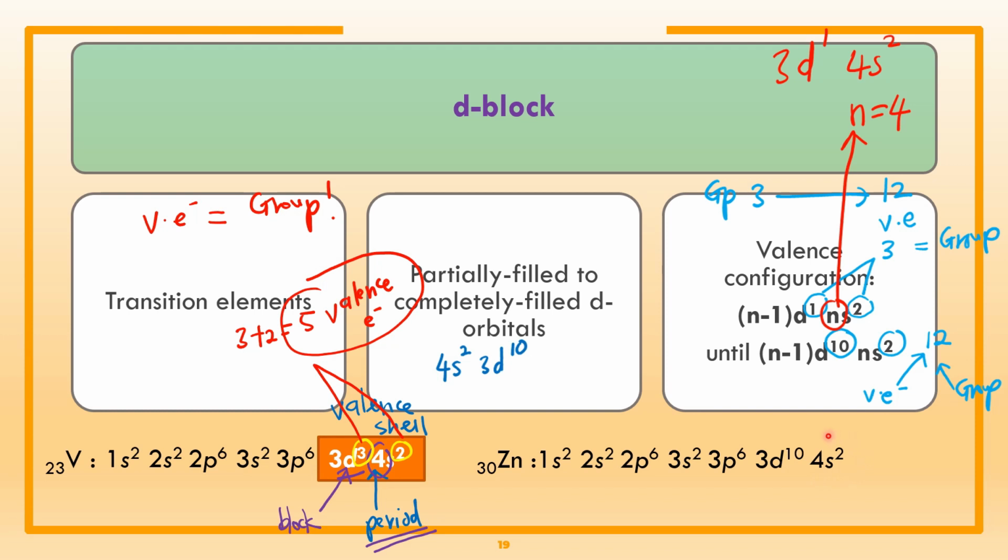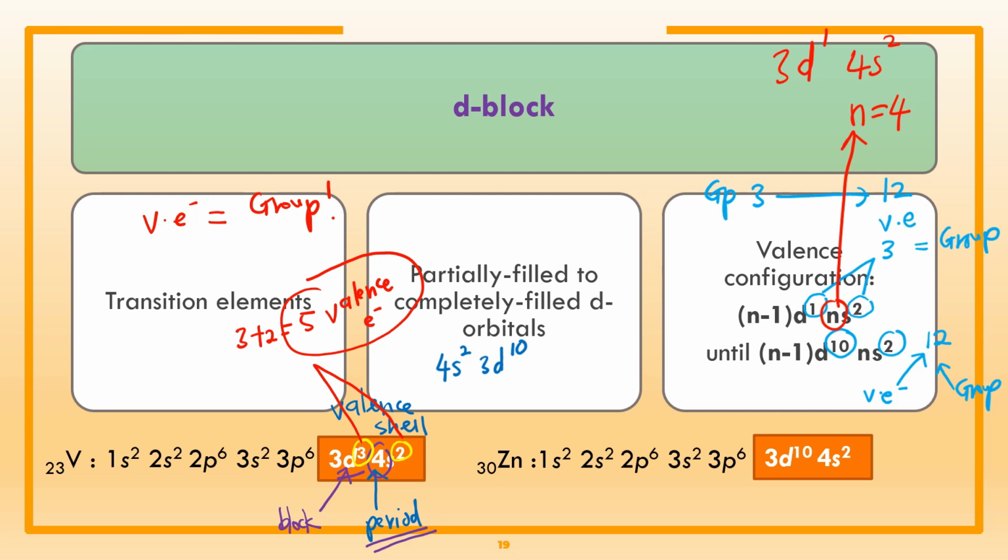Okay, dan jangan terus ambil 4s. Check dahulu jiran sebelum dia. Oh, ada 3d. So, maksudnya, you have to consider this both. Okay, sebagai valence configuration. And please make sure this D, dia punya principal quantum number must be less 1 than this S. So, kalau yang ni 4S, here must be the 3D. So, from this valence configuration, again, you can find the period.